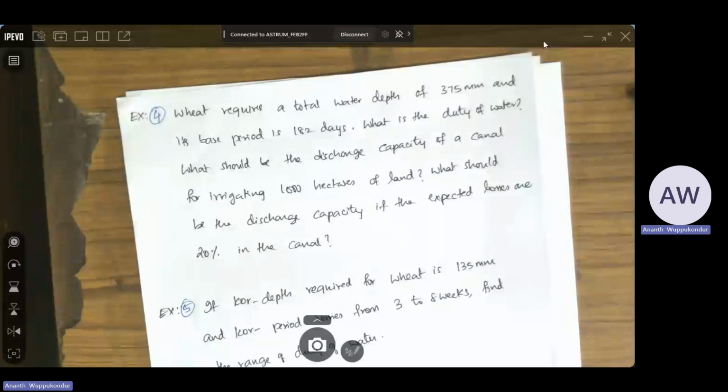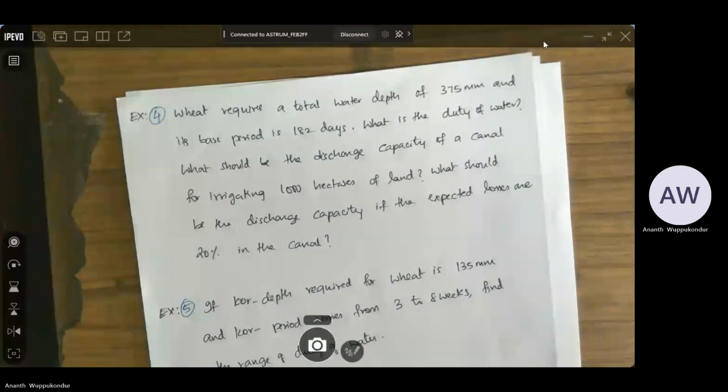For example, wheat requires a water depth of 375. So the delta is 375. First, what is the duty of water? Whoever finishes, don't say the answer, just raise your hand. Okay, so team B has done.